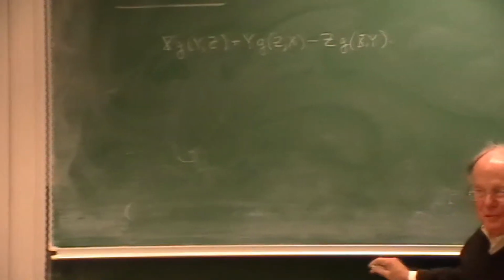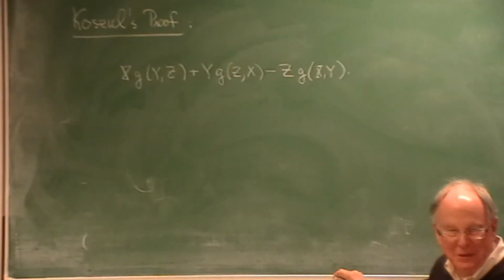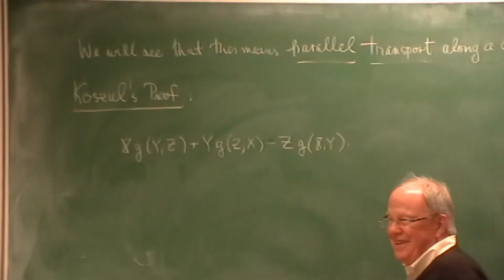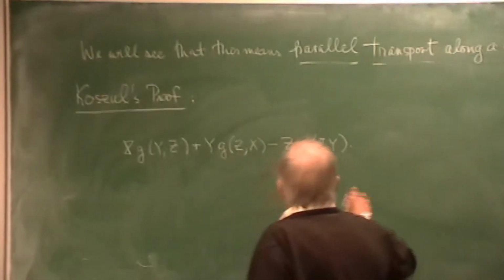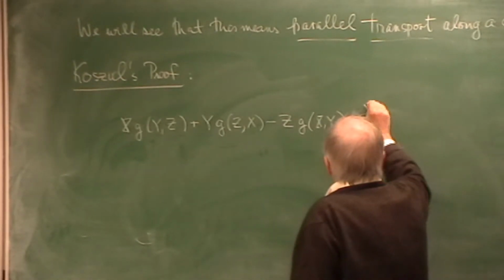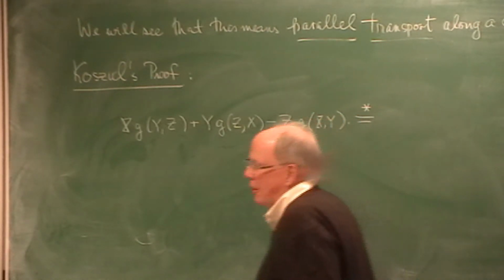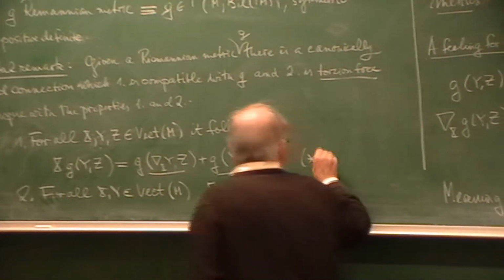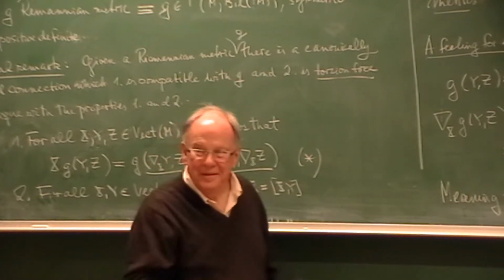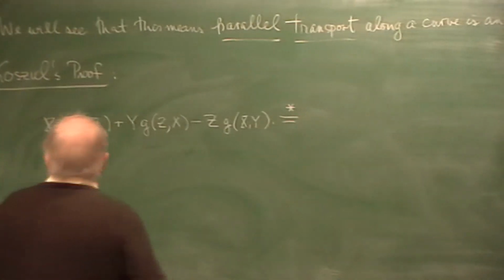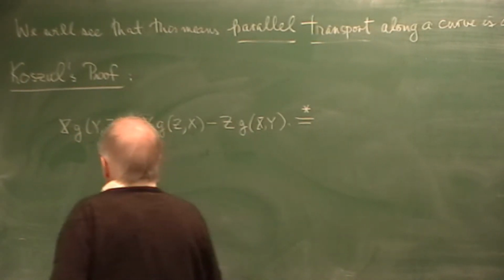You're going to hate me for this. Well, probably I'm going to hate myself. Now, I'm going to use the star. That's the only thing I have to use. So, here we go.